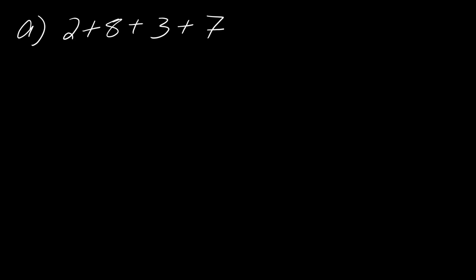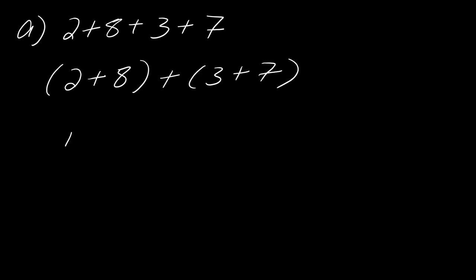The other way that I could do this that would make more sense would be to say I'm going to add the 2 and the 8, and I'm going to add the 3 and the 7. And I know that that's 10 and 10, so then that's 20. So you just get a much faster calculation if you apply associativity or commutativity in the right spots. So that's kind of why we like these laws, is they give us some power to make certain calculations simpler.